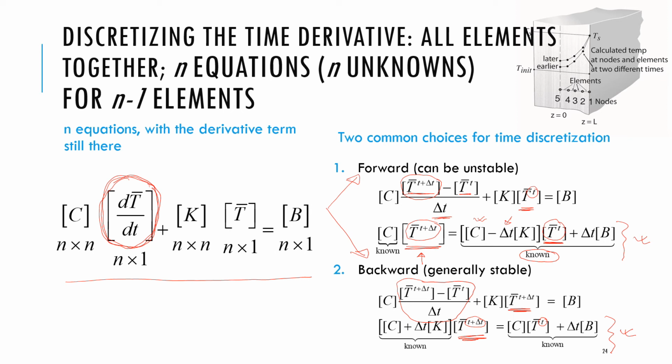After that, it is nothing but an algebraic equation. So our heat equation has been completely converted into an algebraic equation. We just now need to solve a set of simultaneous linear equations.